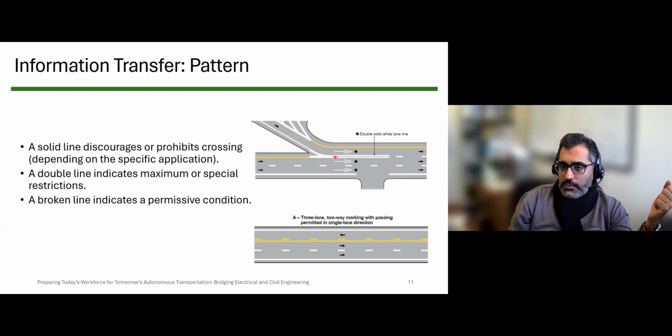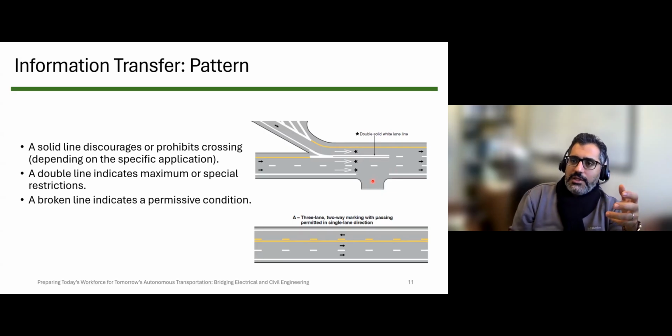So what do we do? We make sure that we have these double solid lines here that will make sure that the drivers are not crossing here. Safety. So we are transferring that safety message using these double lines, maximum or special restriction.